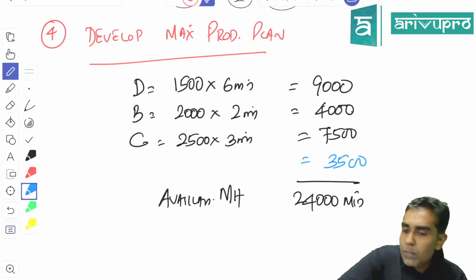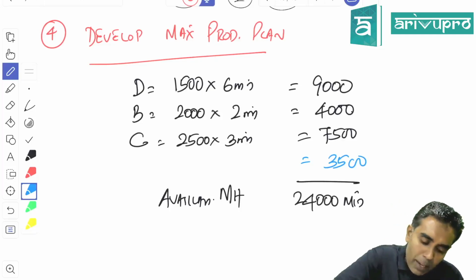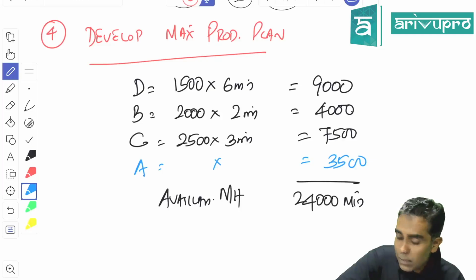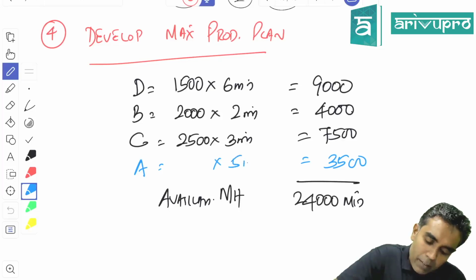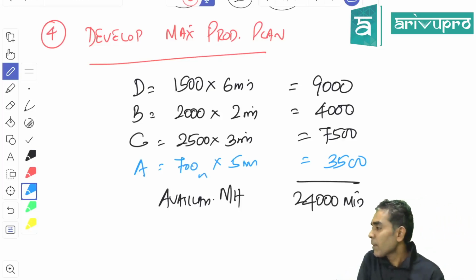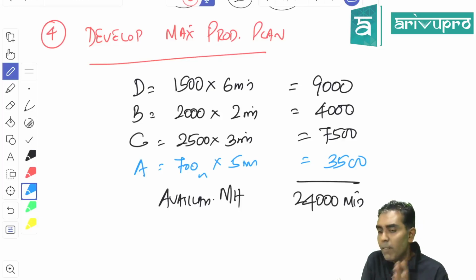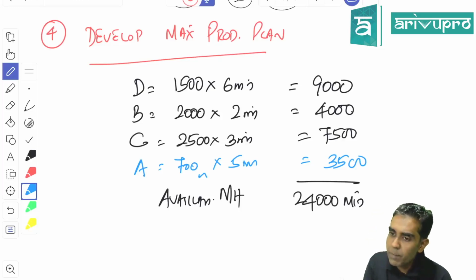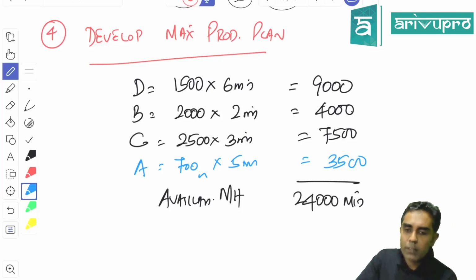Only 3,500 can be given for product A. How many minutes per unit? 5 minutes. Therefore, we can make only 700 units. But what is the market demand for A? 2,000. But at the end of the day, we are going to make only 700 units since we don't have sufficient resources. Is that understandable? Quickly photocopy.